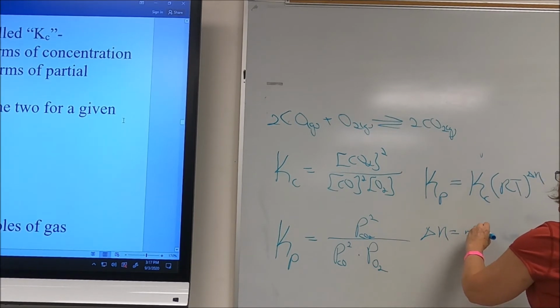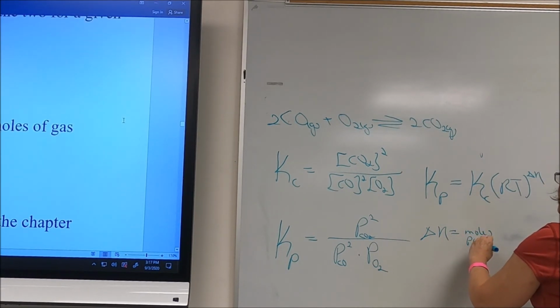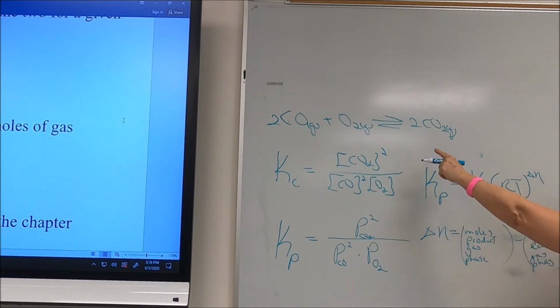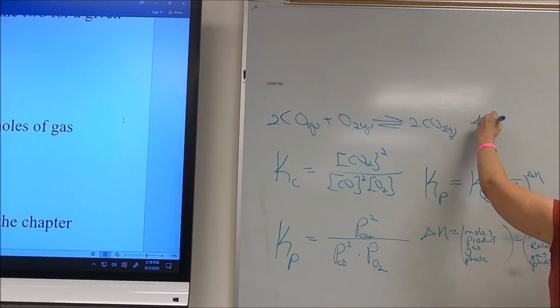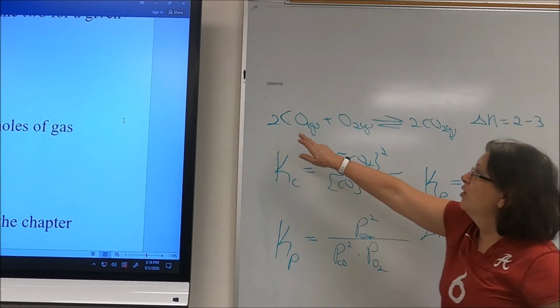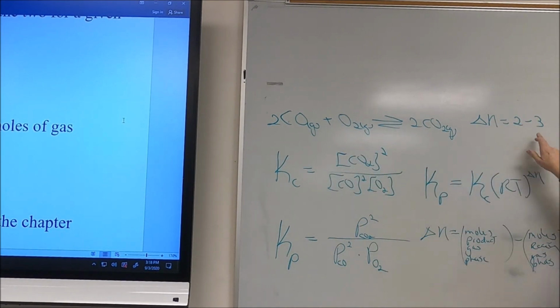And in this case, it's moles of product, gas phase, minus moles of reactant, gas phase. So in this situation, our delta n would be 2 minus 3, because there's 2 moles of gas there and 3 moles of gas there. Delta n would be minus 1.